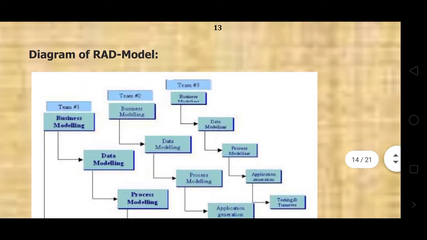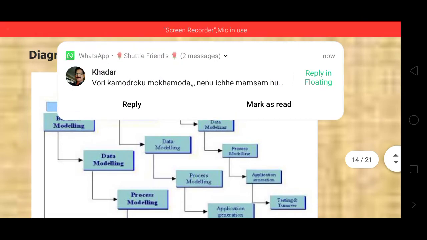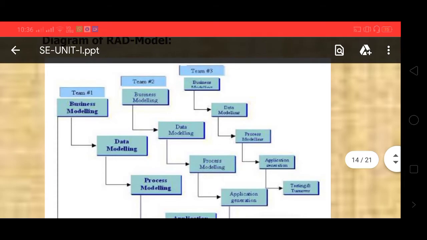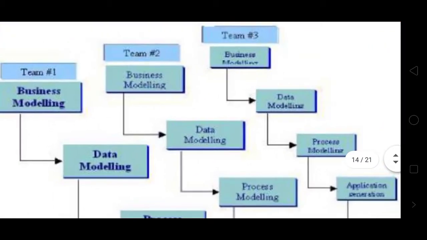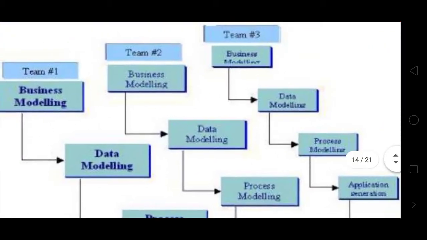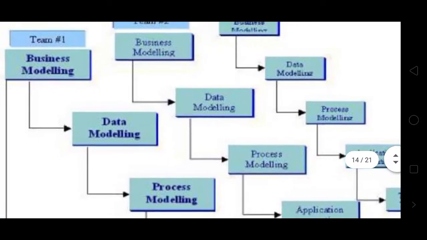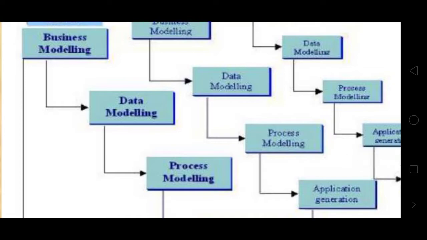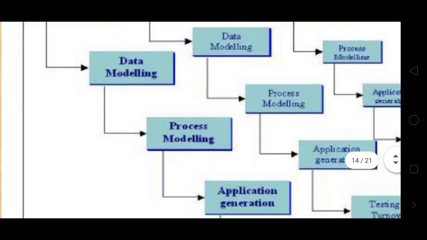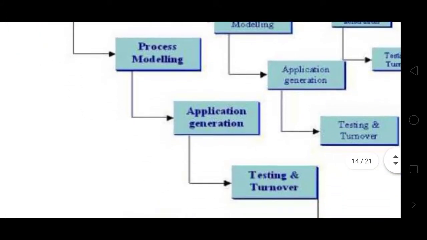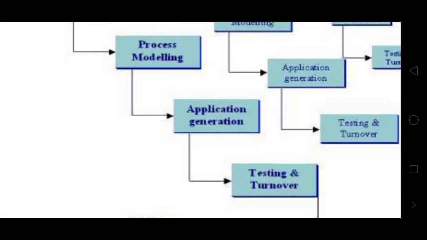Diagram for the RAD model. Here we see team 1, team 2, team 3. For team 1: business modeling, data modeling, process modeling, application generation, testing and turnover.